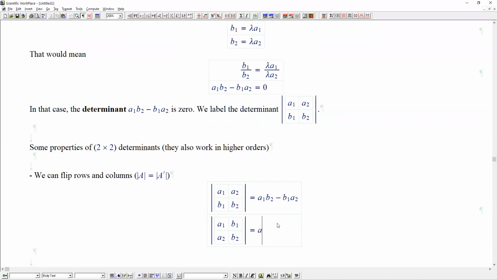I get A1 B2 minus A2 B1. It's just that the order of operation for a scalar multiplication doesn't matter.